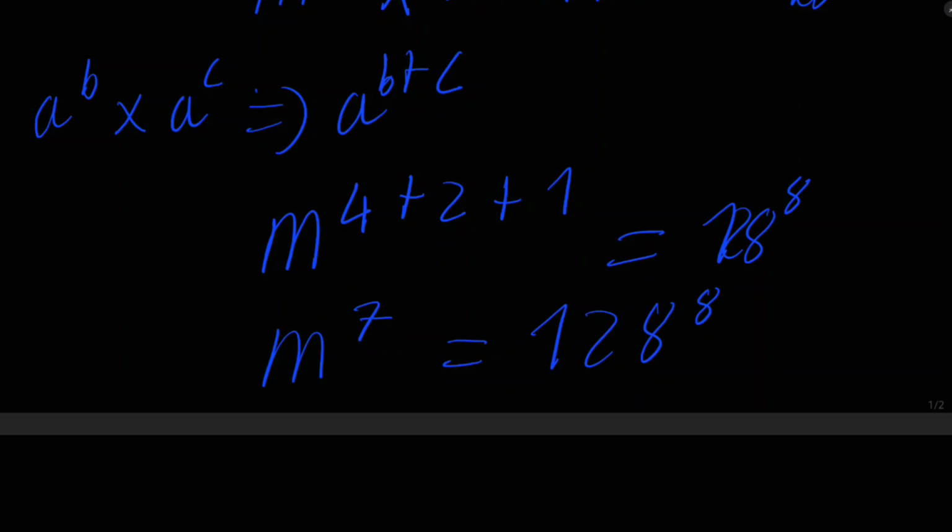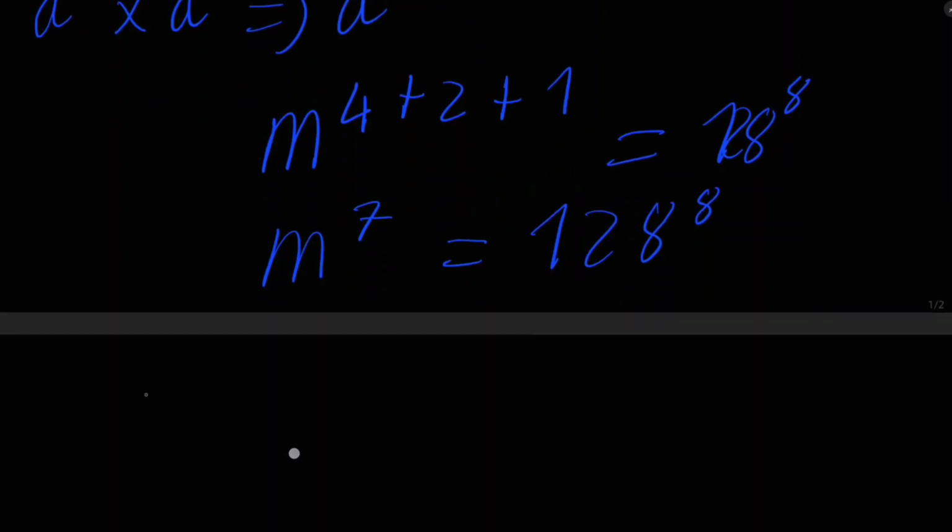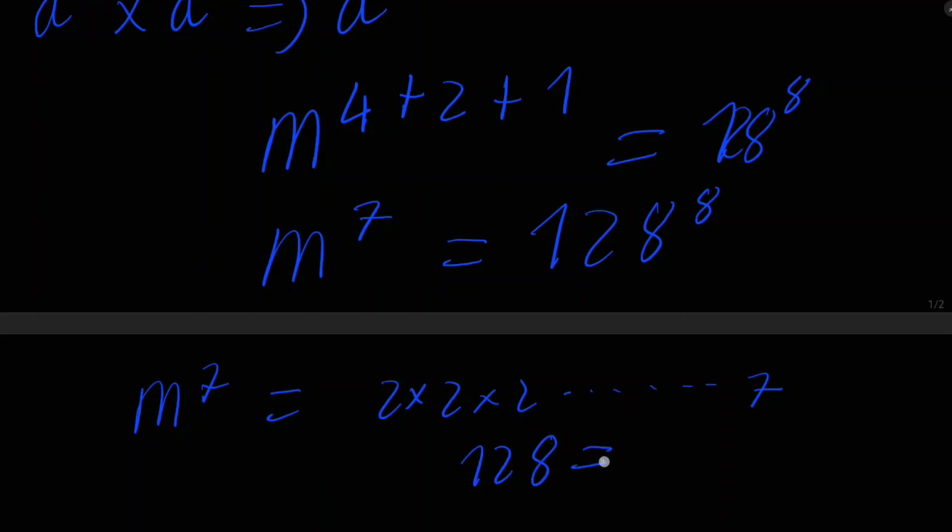Looking at this equation now, we see that 128 is basically 2 times 2 times 2 times 2, up to the power 7, which gives us 128. So 128 is equal to 2 raised to the power 7.